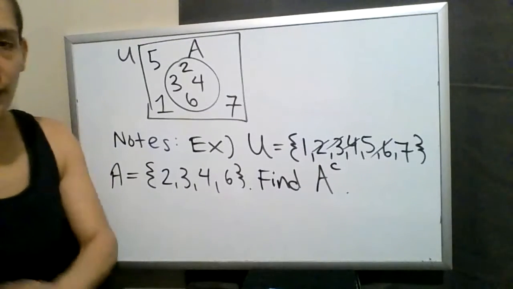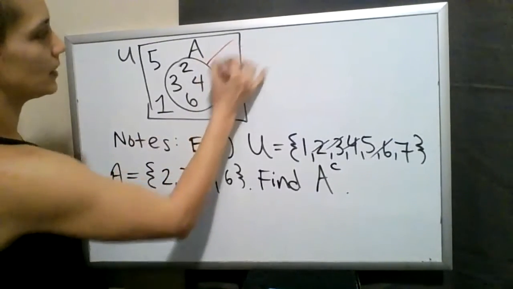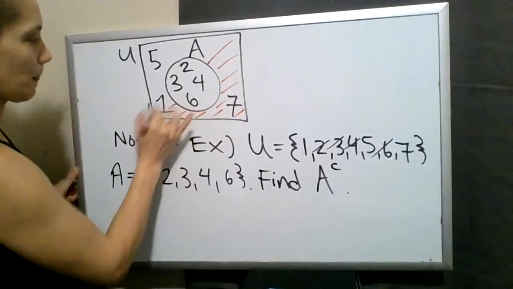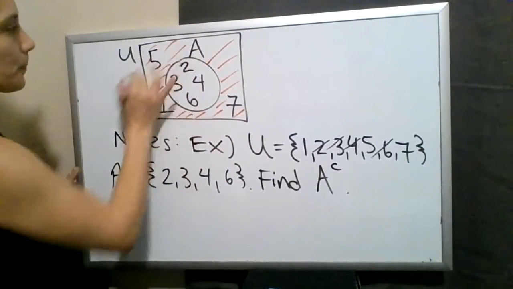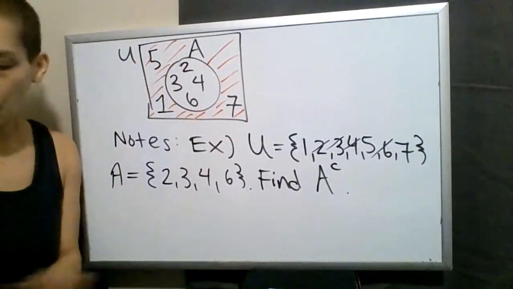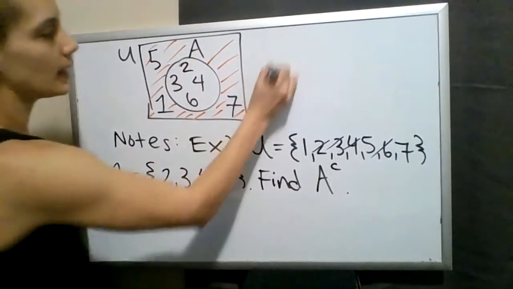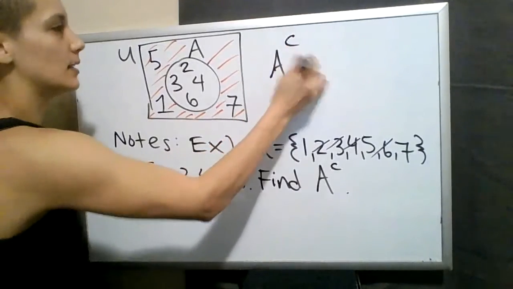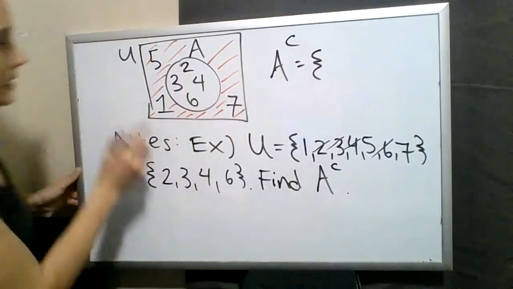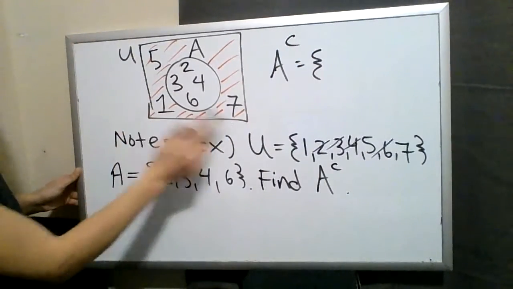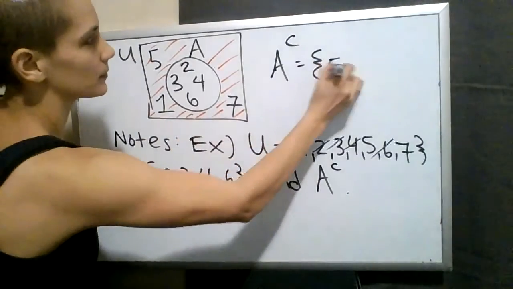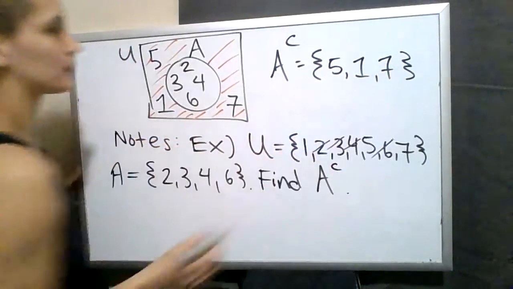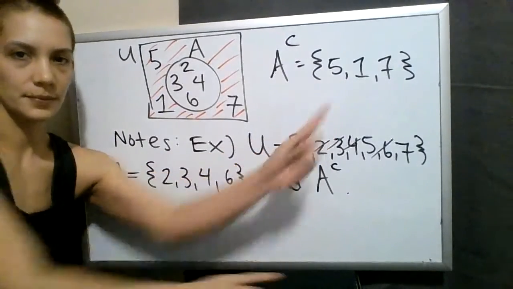The complement of A is outside of the set A. A has a superscript C, which is the complement of A, being the set that contains 5, 1, and 7. And then close your set.